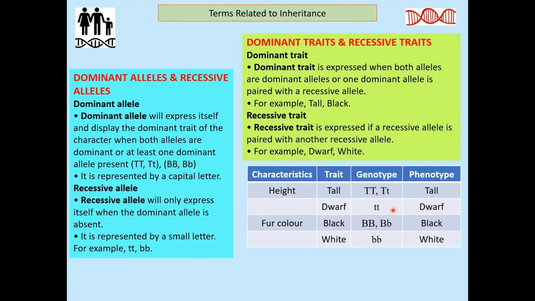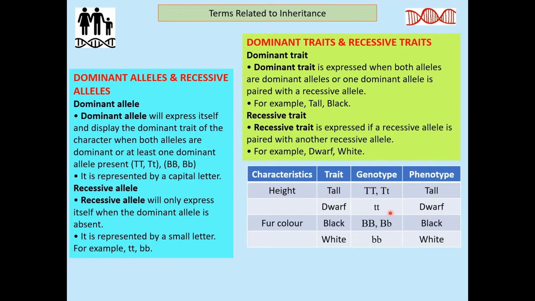So dominant trait and recessive trait. A dominant trait is expressed when both alleles are dominant alleles or one dominant allele is paired with a recessive allele. For example, tall is a dominant trait. Dwarf is a recessive trait. A recessive trait is expressed if the recessive allele pairs with another recessive allele.